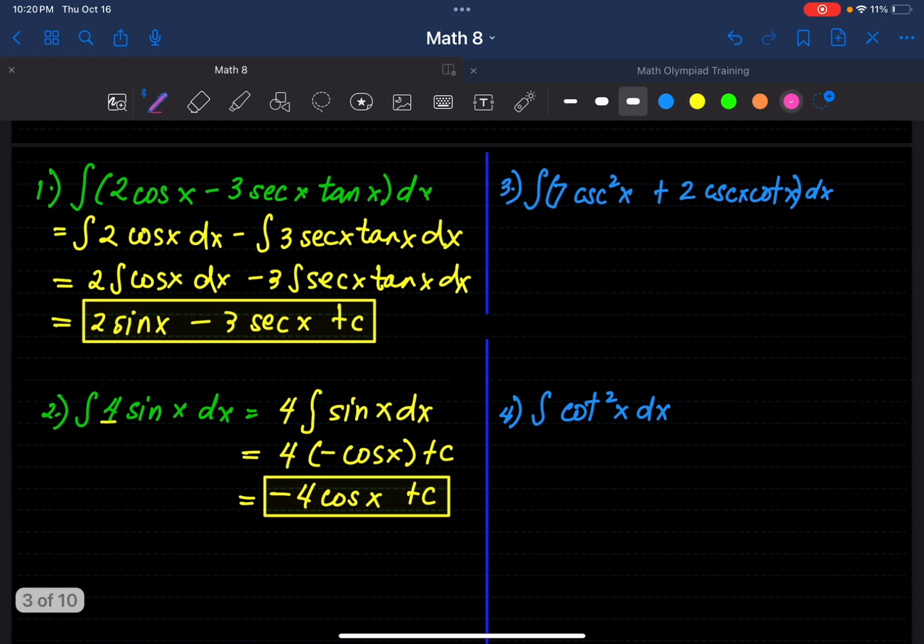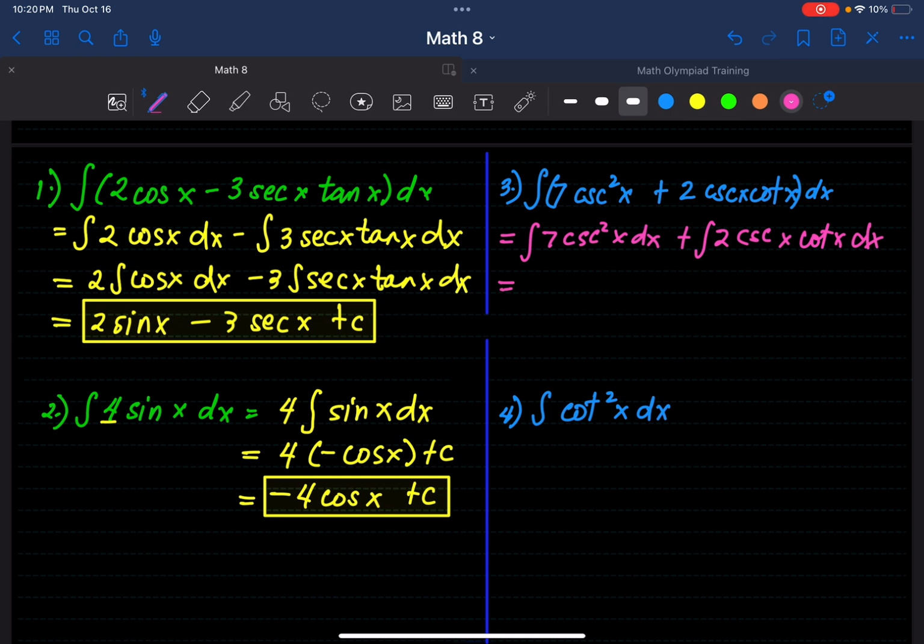Next, number 3. What is the integral of 7 cosecant squared x plus 2 cosecant x cotangent x? So, let's apply first the integral of sum or difference of functions. So, we have integral of 7 cosecant squared x dx plus integral of 2 cosecant x cotangent x dx.